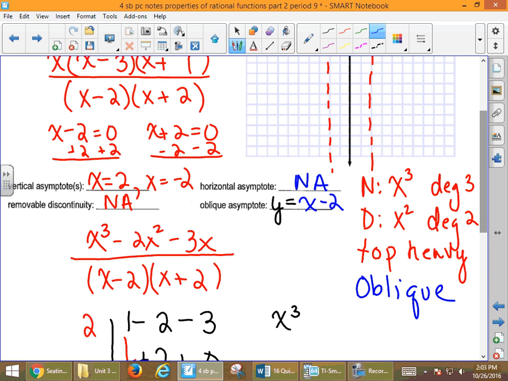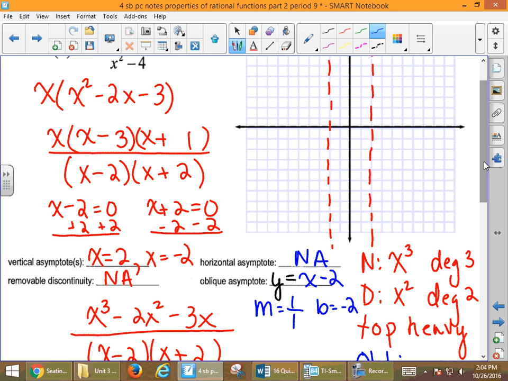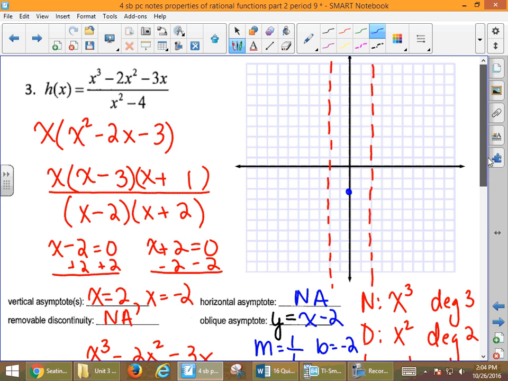We can put this back into our graph as well. Remember that our slope then is 1 over 1, the number in front of the x. Our y-intercept is negative 2. So when we come over here to graph, b equals negative 2. And then our slope is up 1 over 1, up 1 over 1, up 1 over 1.